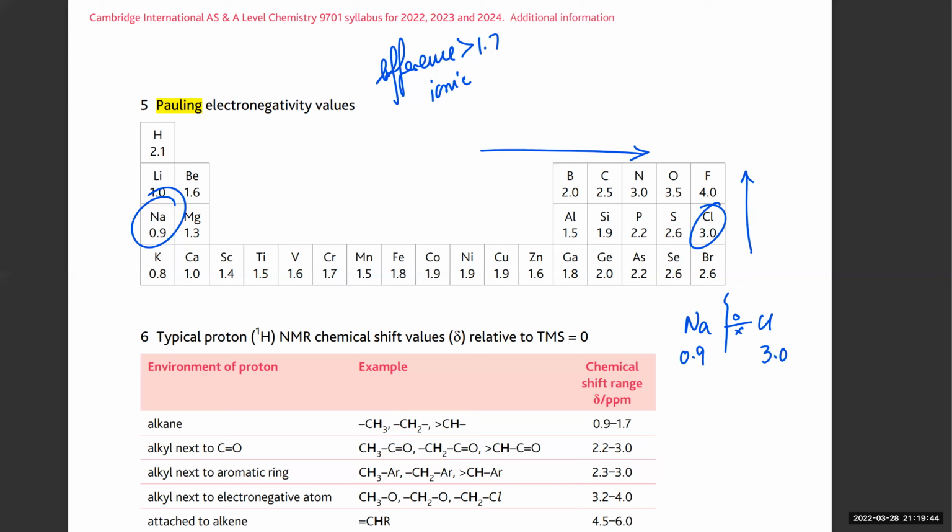So the electrons are going to be completely gained by Cl. Cl would be -1 and Na would be +1. So it's going to be ionic. If there's a huge difference in electronegativity, the compound is going to be ionic. If there's a very small difference, then they would be sharing electrons. No one would be able to gain electrons.